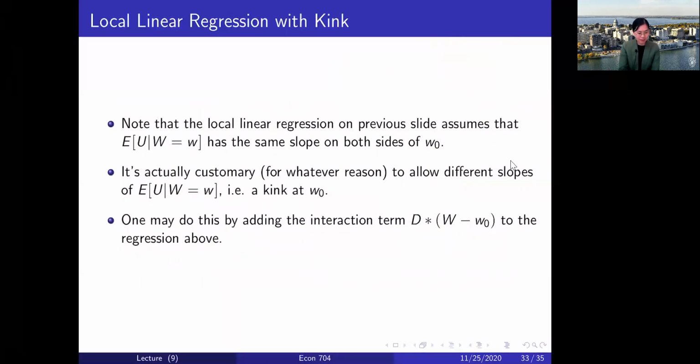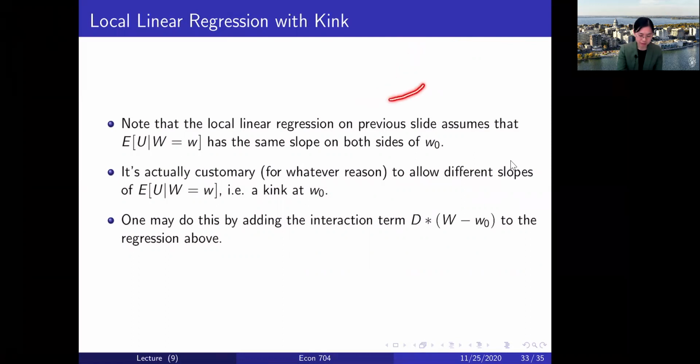In practice, here is a little bit more detail about RDD with local linear regression. In practice, for whatever reason, it is customary to allow different slopes for E[U given W]. In other words, it's customary to allow E[U given W] to have a kink at W0. So E[U given W], maybe it's not like this.